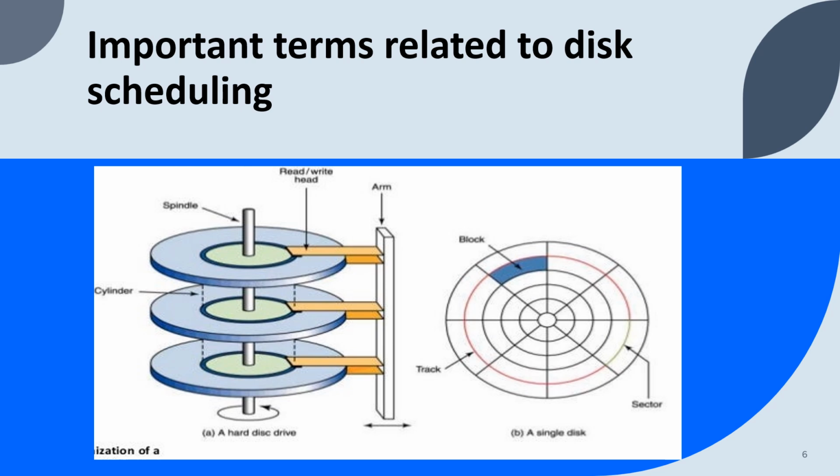And if the read-write head position is here and we have to go to this sector, the time taken by the read-write head to reach there is known as the rotational latency. And the overall time of the rotation plus the movement of the head is called transfer time.